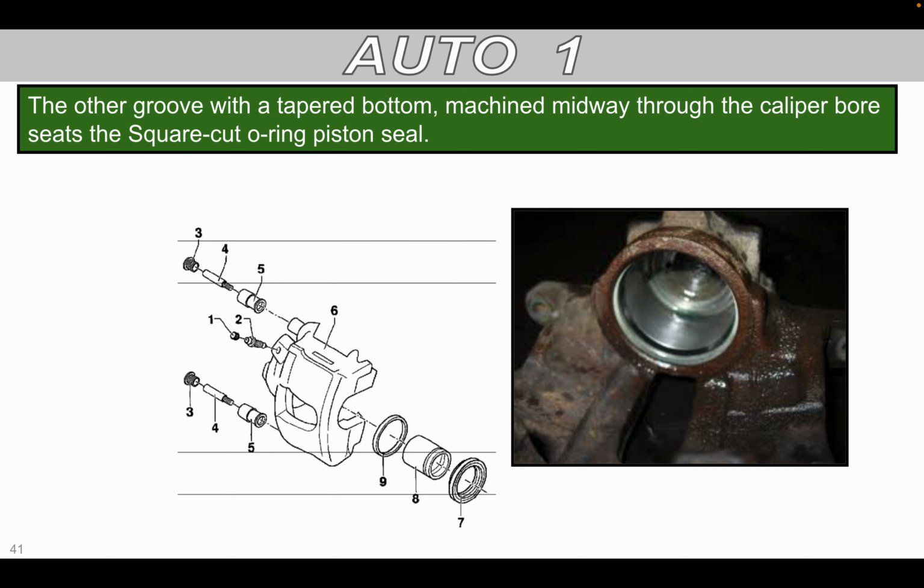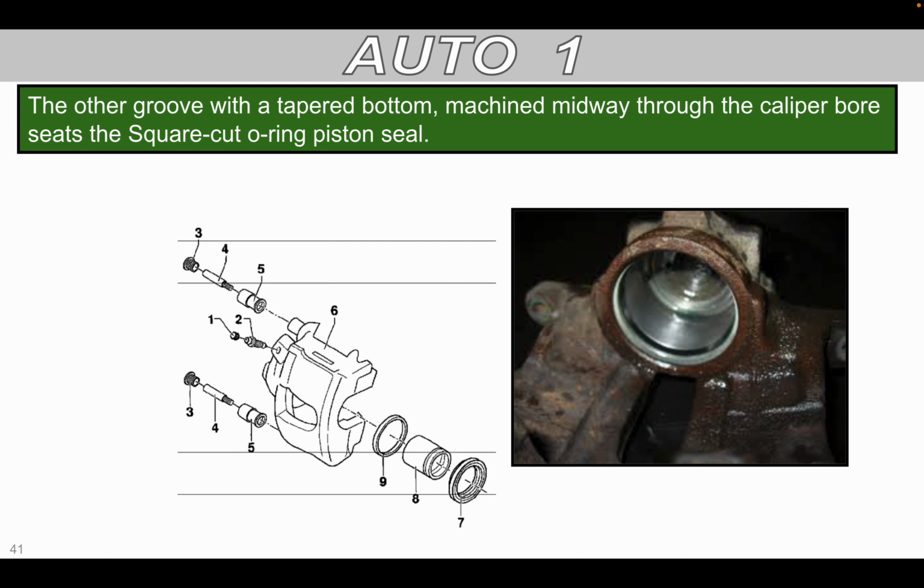This square cut O-ring piston seal. Yep. That's number 9 in this particular example. The square cut O-ring piston seal. That doesn't look like a square. Right? It's circular, but if you actually cut this in half and look at it, the cross section is a square. Oh.